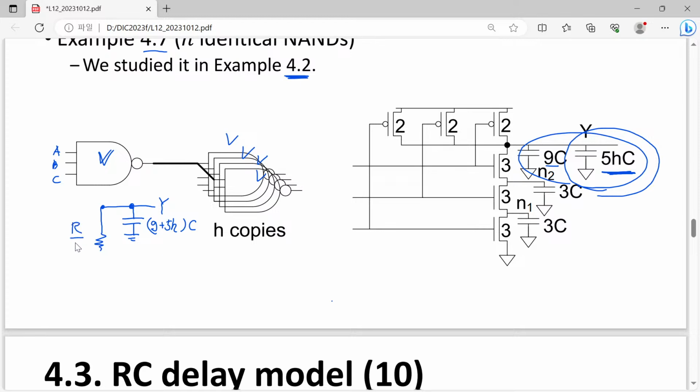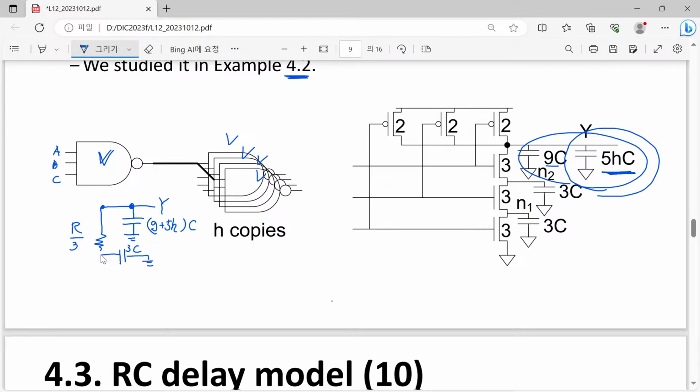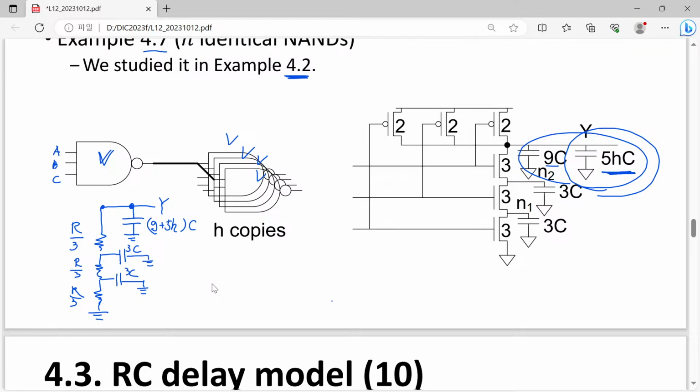After that, here we have the contribution from this top N MOSFET. It is just given by 1/3 of R, and here we have 3C, and once again 1/3 R and 3C. After that, here we have the final R and C, and that is grounded. So in this case, what will be the tau?